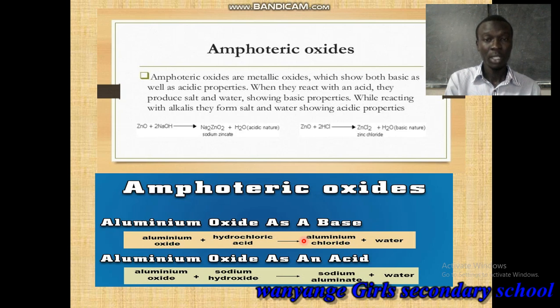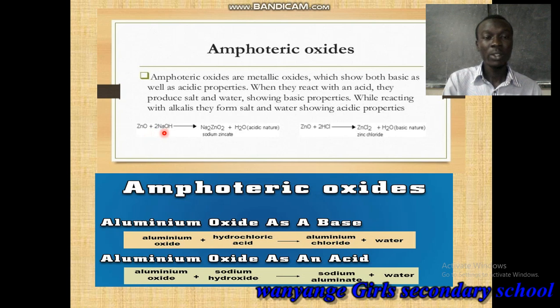That means they can react with acids, showing that they are bases, to form salt and water. They can react with bases to form salt and water, showing that they are acids. An example is zinc oxide. Zinc oxide is an amphoteric oxide.